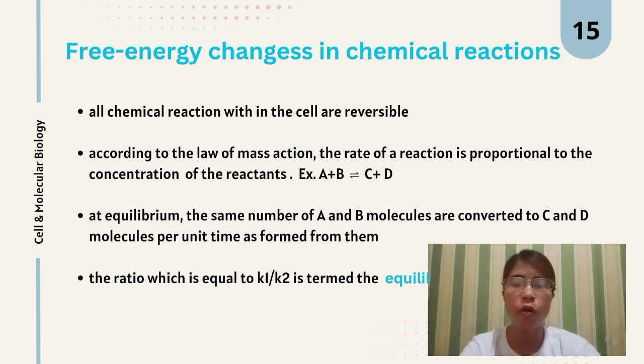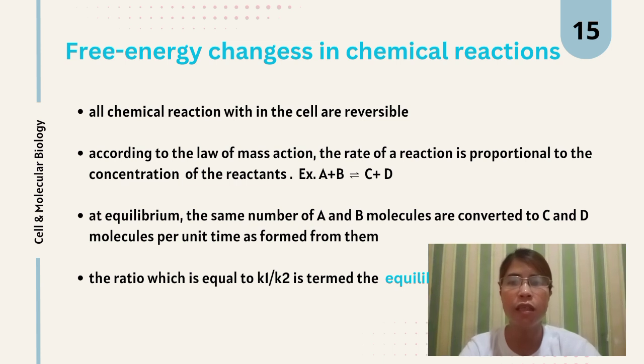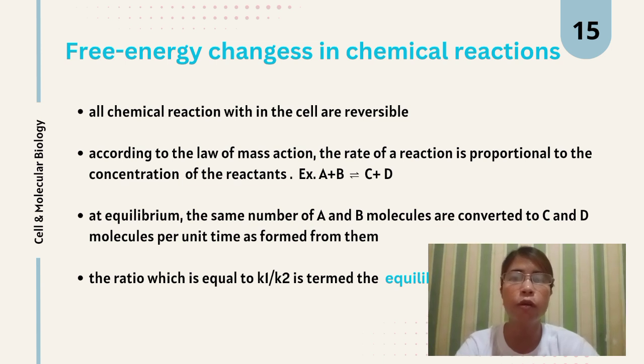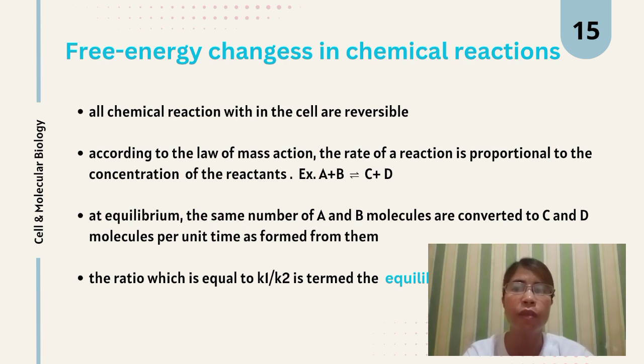So, an example here is A plus B is reversible to C plus D. From that equation, we can say that the rate of the forward reaction is directly proportional to the molar concentration of A and B. So, at equilibrium, the same number of A and B molecules are converted to C and D molecules per unit time as are formed from them.